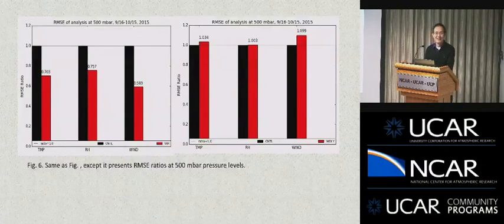Or 50%. Another thing is that maybe we want to check the HRRRAK forecast over that area. It doesn't mean that your observation has to be 100% right to help the forecast. You have to provide useful information to correct your forecast. If HRRRAK has a big forecast error in that area, even if your data is only 50% accurate, even 30% accurate, as long as it corrects the analysis and forecast in the right direction, it still helps.